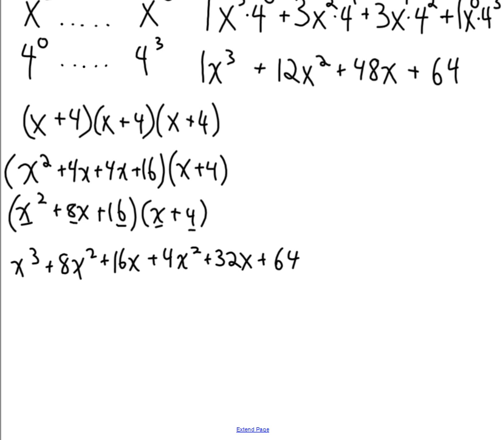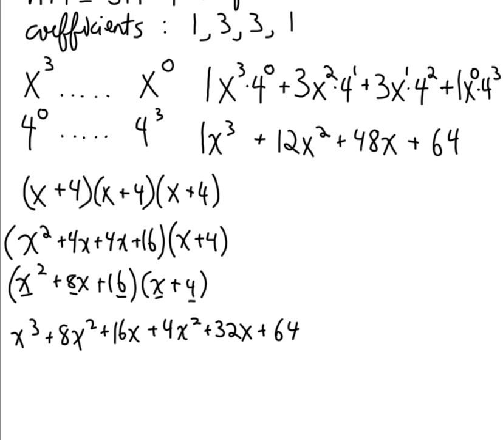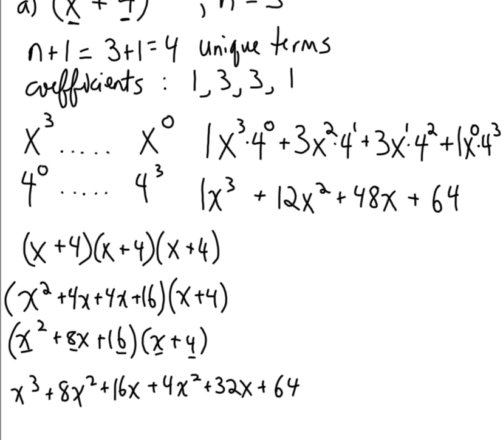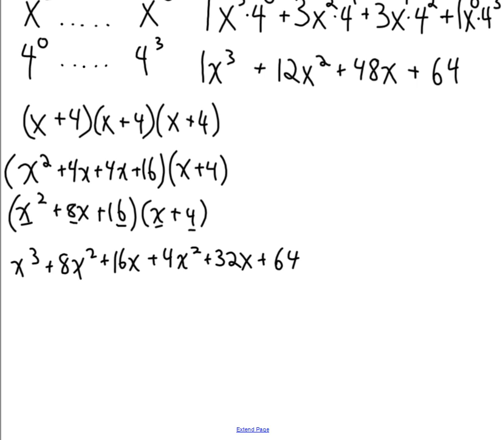Collect our like terms, keeping in mind we're expecting 4 like terms, so we have an x cubed term. We have x squared terms here and here, which total to 12 x squareds. We have x terms here and here, which total to, as I said before, 48 x's, and we have a single numerical term, which is 64.